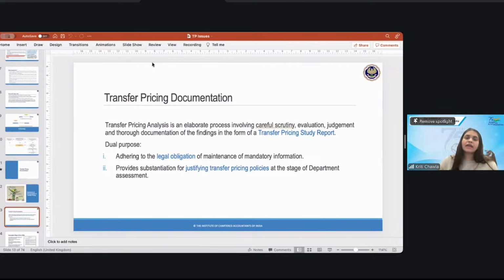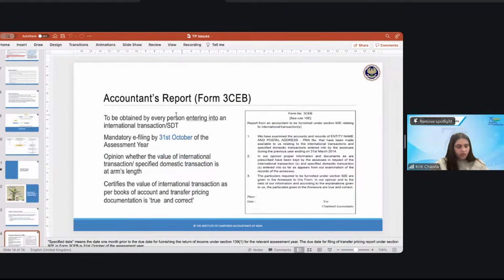Now, when you look at a Form 3CEB, which is also called the accountant's report, all this while I've been saying transfer pricing return, we also call it transfer pricing return. This is exactly what I was actually talking about. Don't call it transfer pricing return, but yeah, okay. Accountant's report, it's also called Form 3CEB.